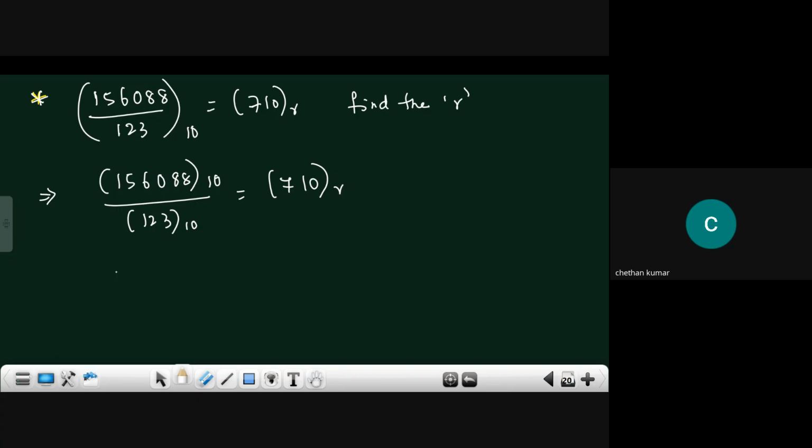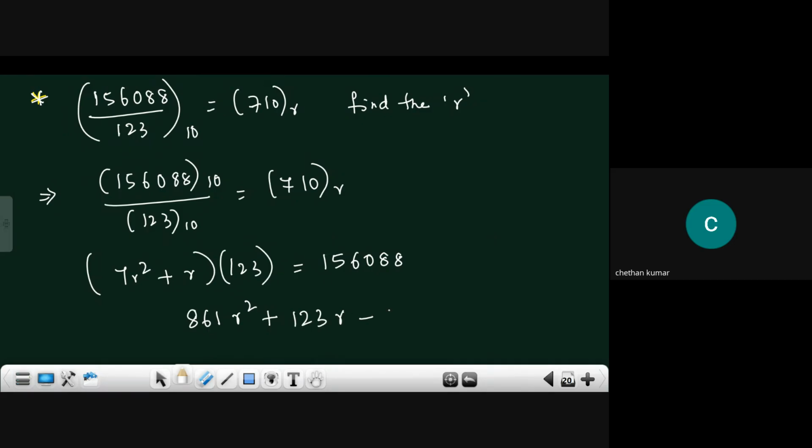So this you can write as 7r square plus r, which I multiply with 123. This is equal to 156088. Then you can calculate this: 7 into 123 is 861. So 861r square plus 123r minus 156088 is equal to 0.